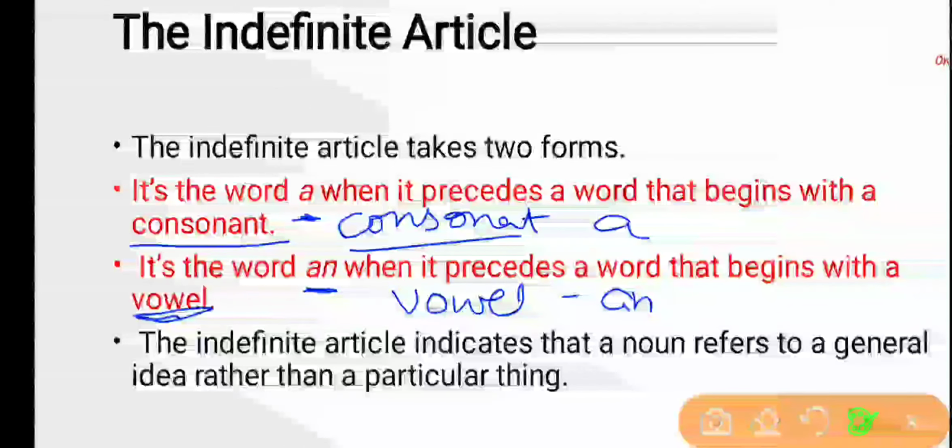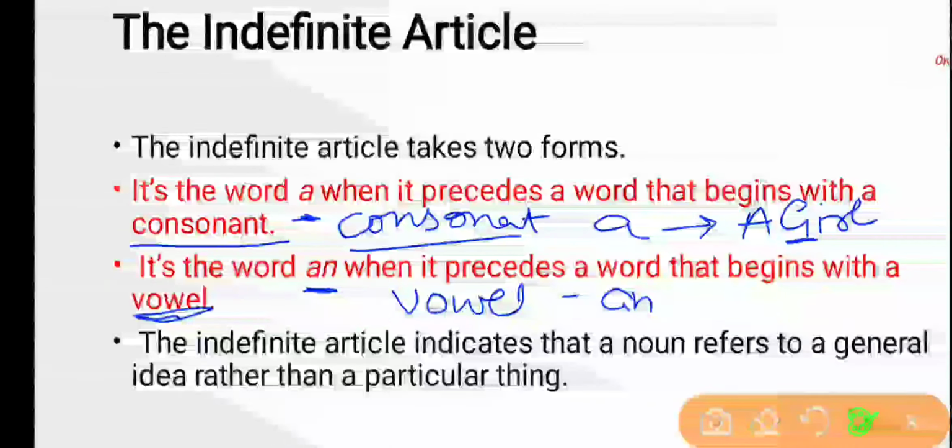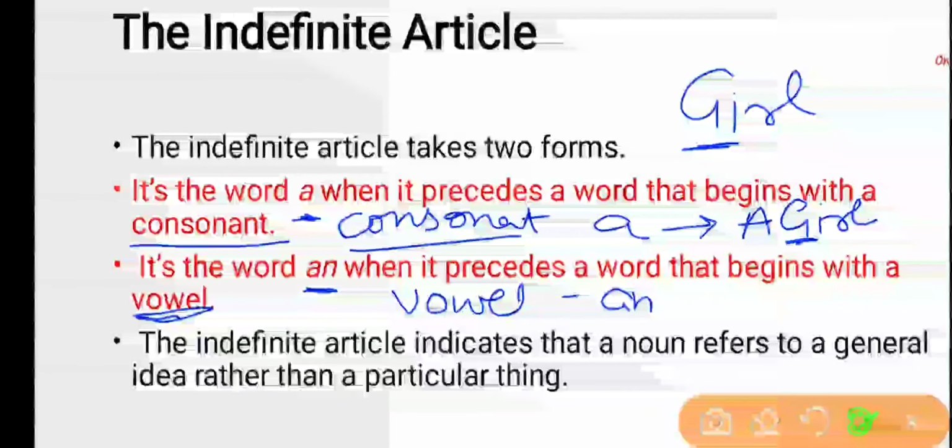Here we can see a few examples. Like if I say, the word "a" is being used in front of "a girl," here you have to check the sound of the noun. See, the first sound of the word girl, the sound of G, is a consonant sound. That's why I have used "a" before it.